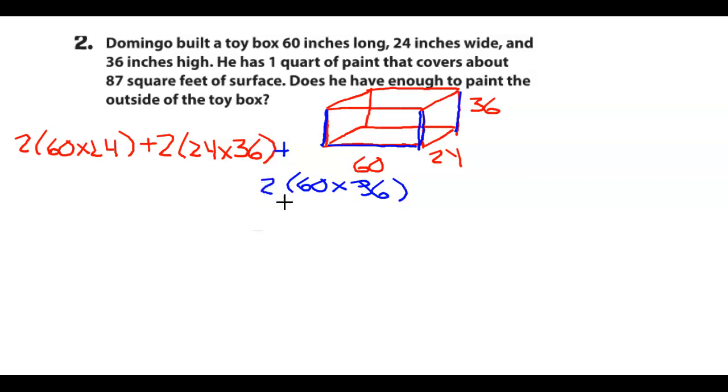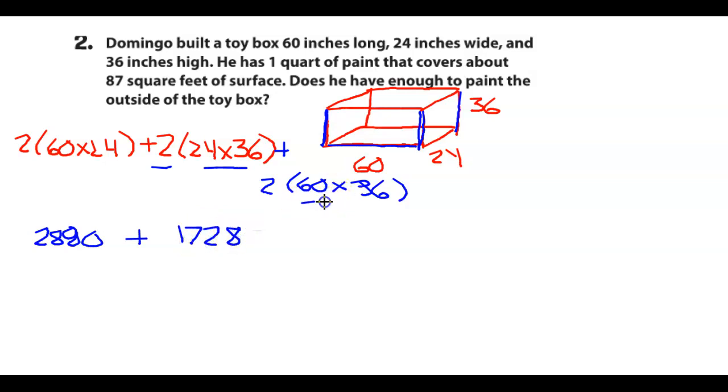Okay, so let's go ahead and take care of that. 60 times 24 times 2 is going to give me 2880. And then I'm going to do 24 times 36 times 2, and that's going to give me 1728. So plus 1728.